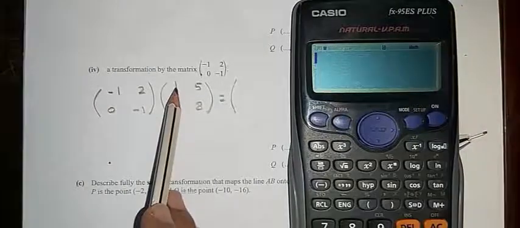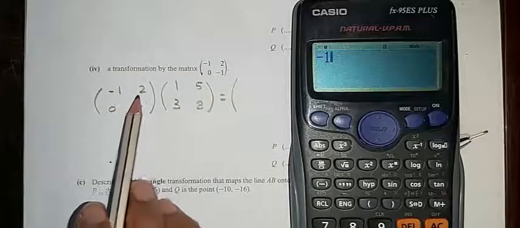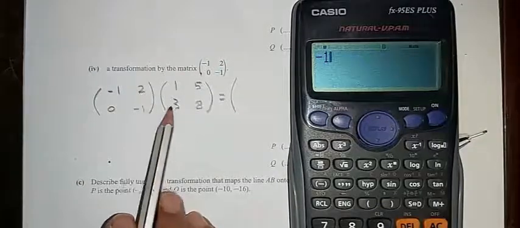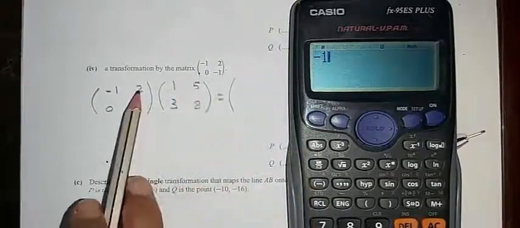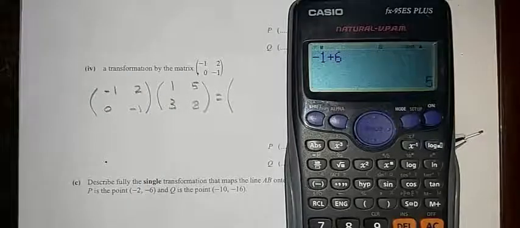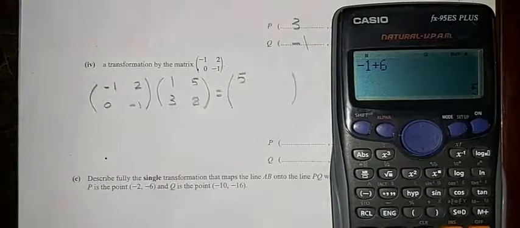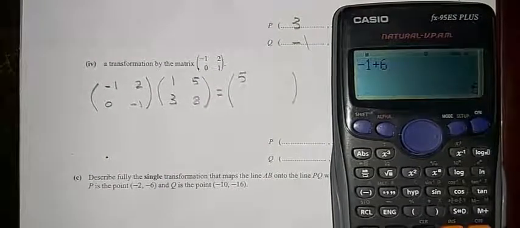-1 times 1 is -1. Okay, then 2 times 3 is 6. So -1 times 1 is -1, plus 2 times 3 is 6, equals 5. So we will write 5 here. Okay, now multiply.